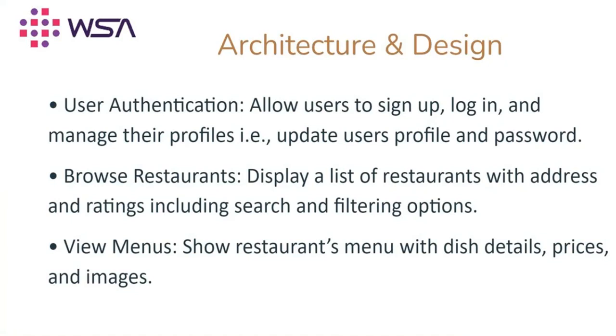So when we come to browse restaurants, it displays a list of restaurants which are available at a particular location around us, with addresses and ratings. Suppose we search for an item like a mobile phone, an iPhone 14.